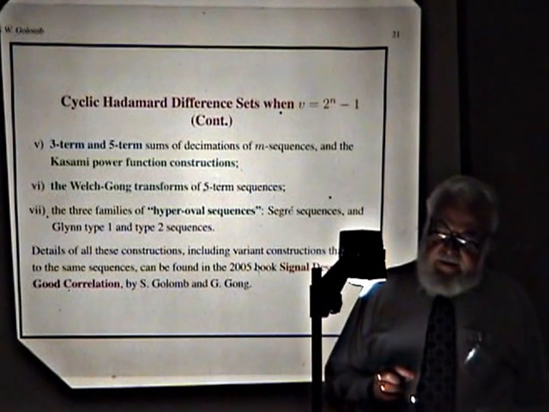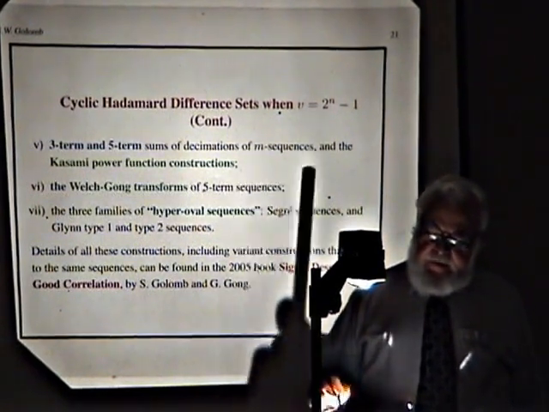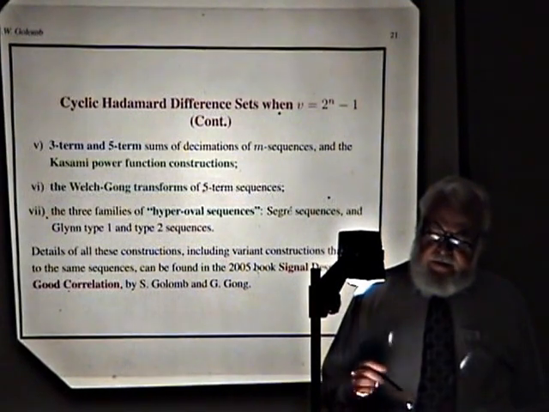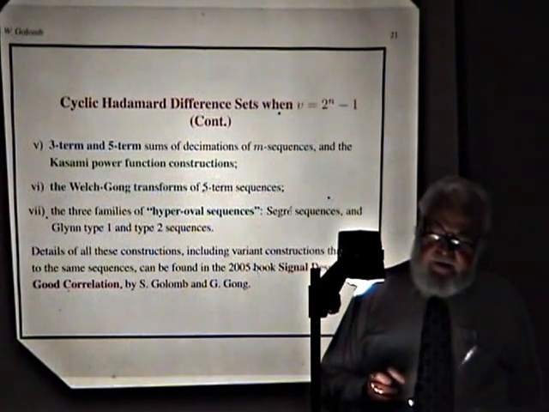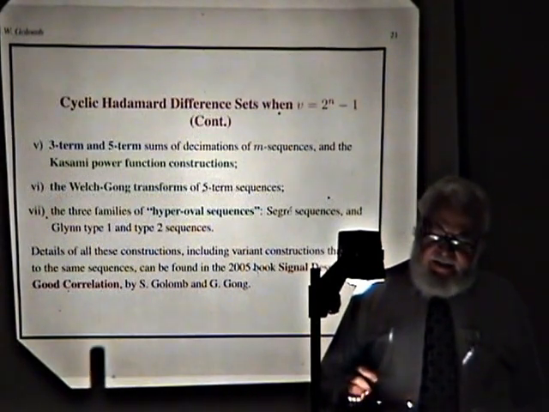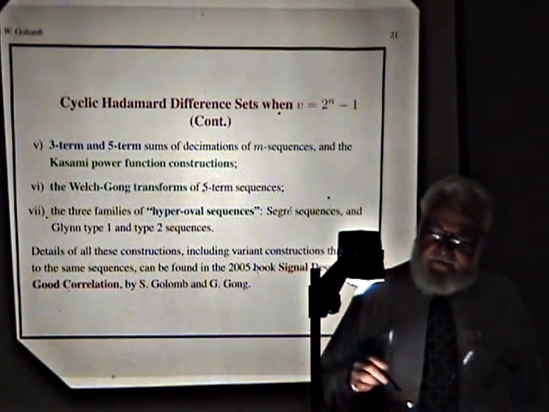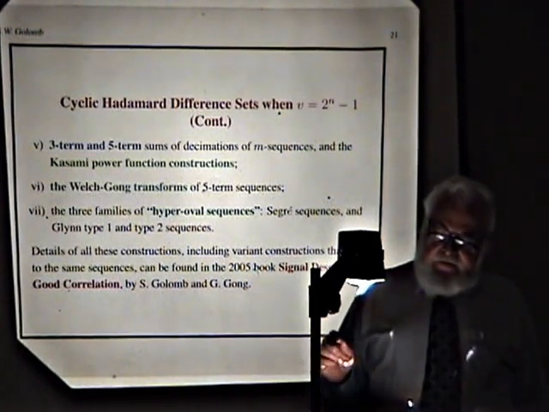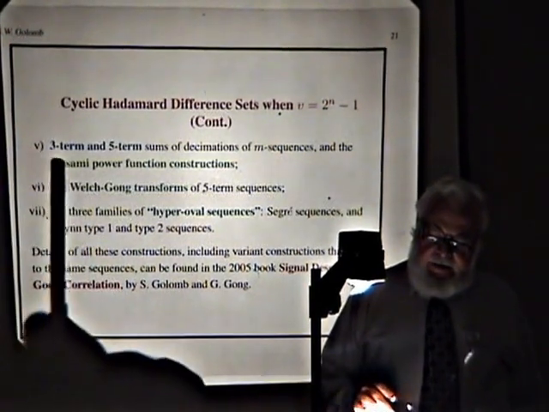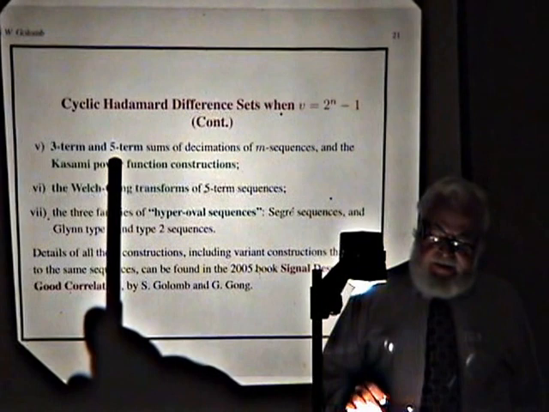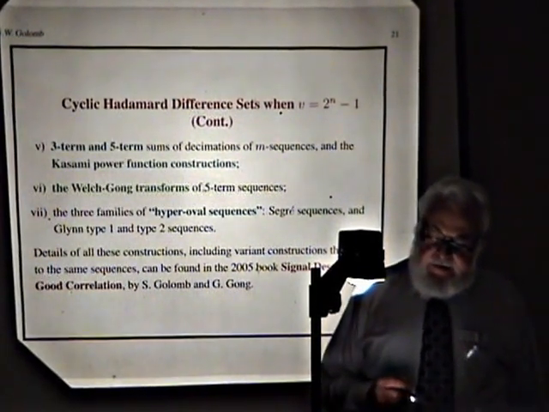In other words, the sum of 3 different M sequences at the same period, or the sum of 5 different M sequences at the same period, where we're taking every qth term, q first term, q second term, for very specific values of q, and adding them to get new sequences, produce 2-level correlation sequences.